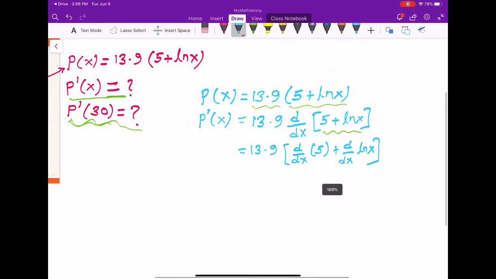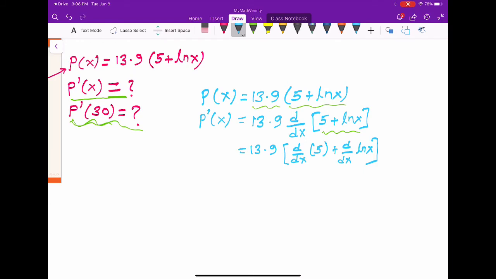So you can see here this is 13.9, and what is the derivative of 5? 5 is a constant, so its derivative is 0, plus what is the derivative of ln x? The derivative of ln x is 1 over x.